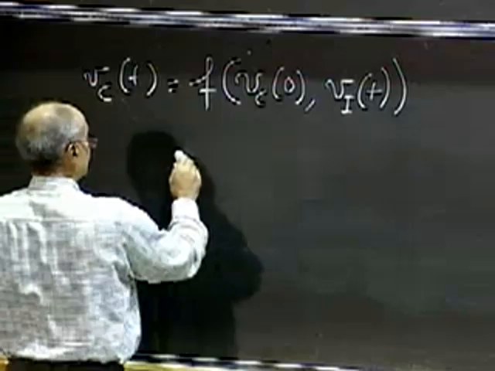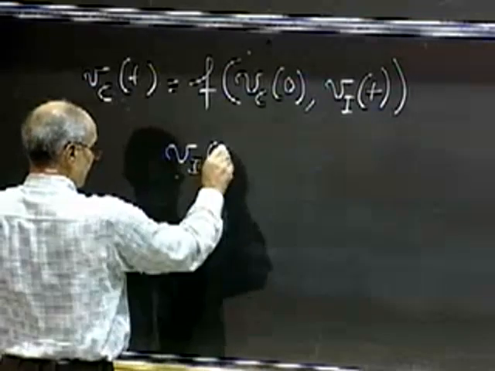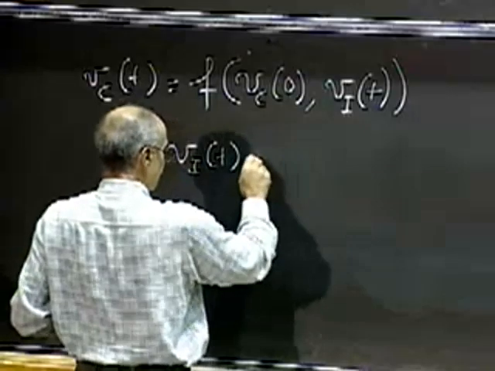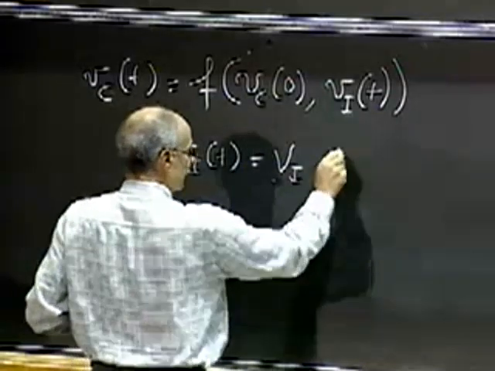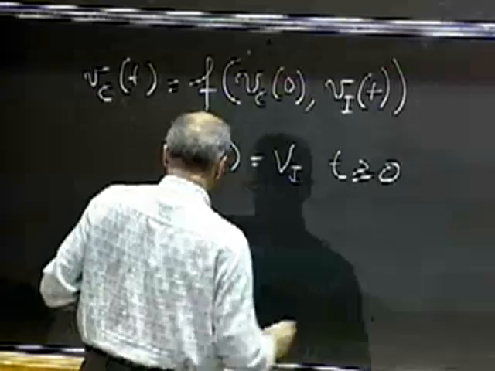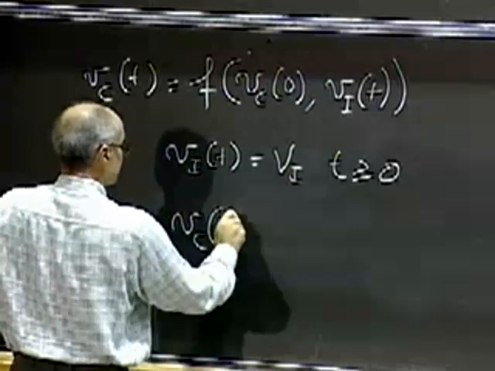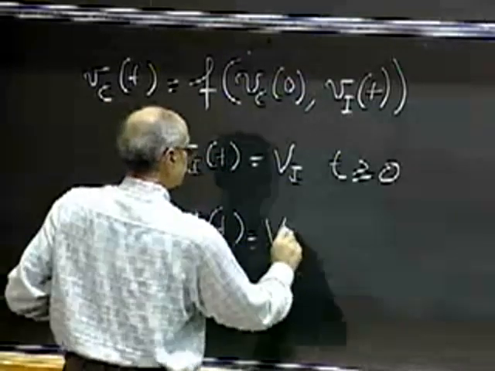And for the case of Vi of t being constant Vi for t greater or equal than 0, we have the equation that we just described.